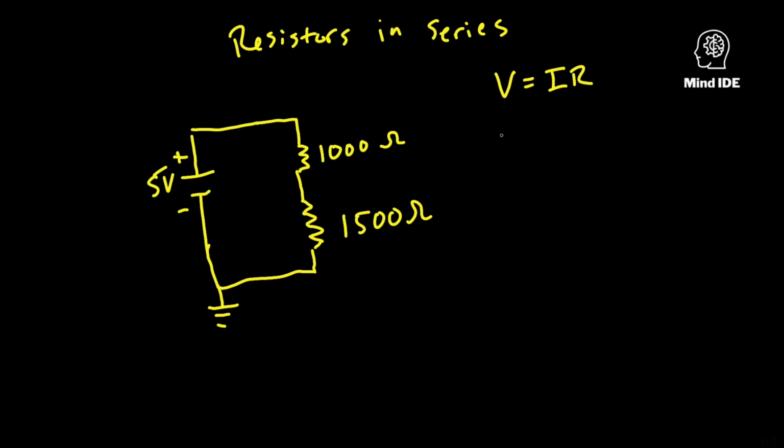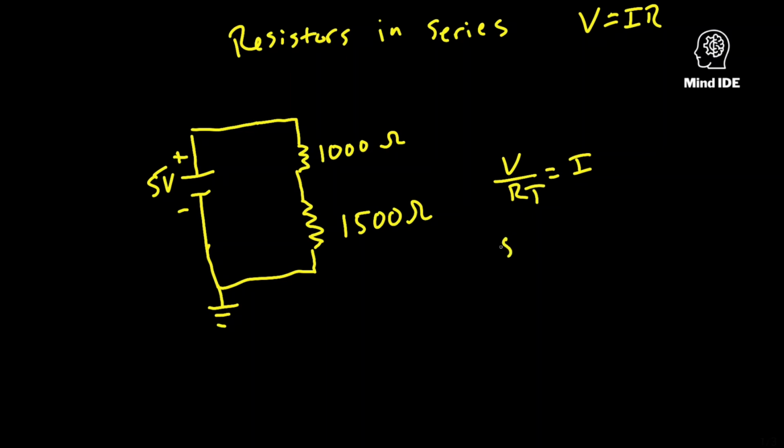So if you rearrange this, say if we divide both sides by R, then we get V over R equals I. I'm just going to write this up here. So then you can find your R total. This is a T. And that will be your current.